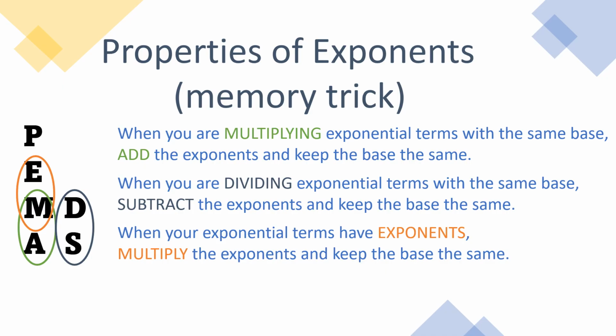When you have exponential terms and those exponential terms have their own exponents, so I looked at the letter E, the letter below the E is M. Oh my gosh, that means I multiply the exponents, but I keep the base the same. So I really, really like this little memory trick, okay? Sometimes these properties can be hard to remember and they get very confusing.